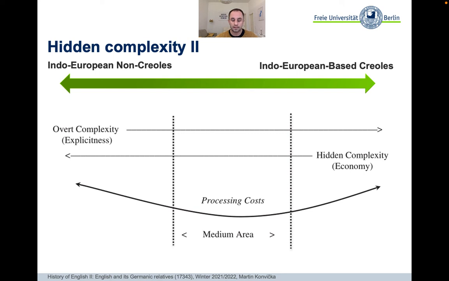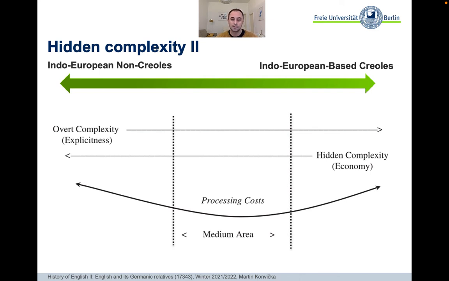And we would then see exactly the thing that I mentioned 2 slides ago, that Creole languages are very often seen as being simpler in their structure, having less morphology, having less complex phonology, and so forth. That might be true on the explicit level, but on the level of this so-called hidden complexity, that would not necessarily be the case. So again, a word of caution.